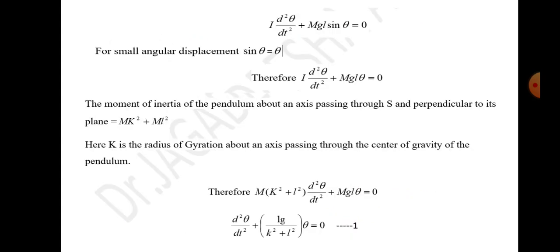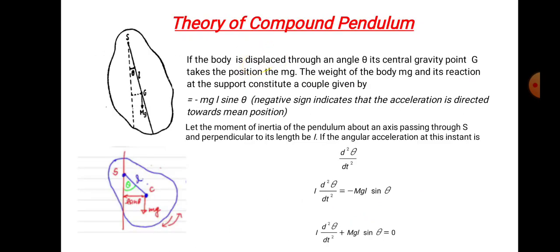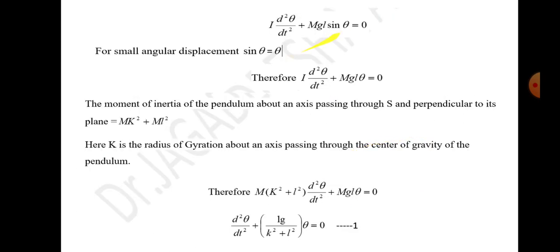Suppose the displacement of the body is very small. Then we can assume sin theta is equal to theta. Substituting this, I into d square theta by dt square plus mgL theta is equal to 0.